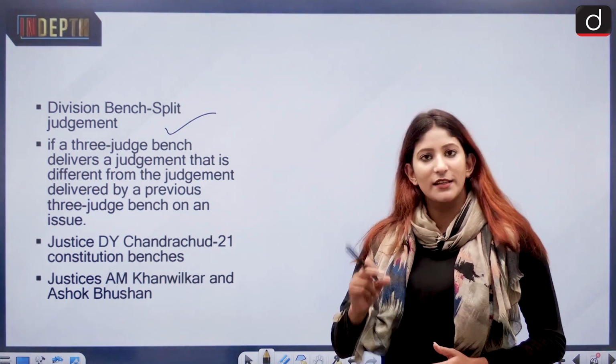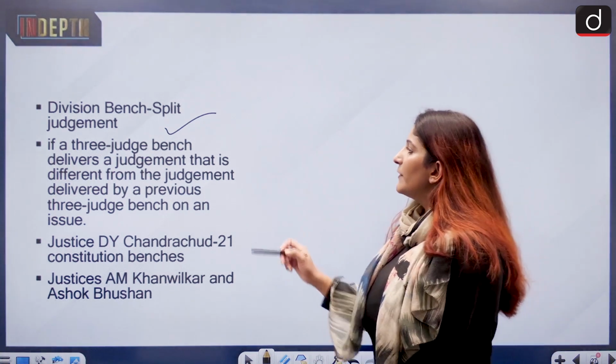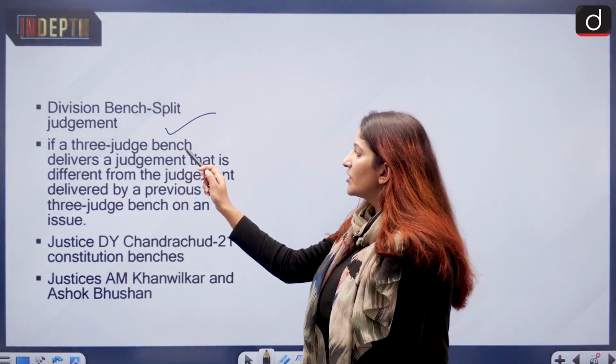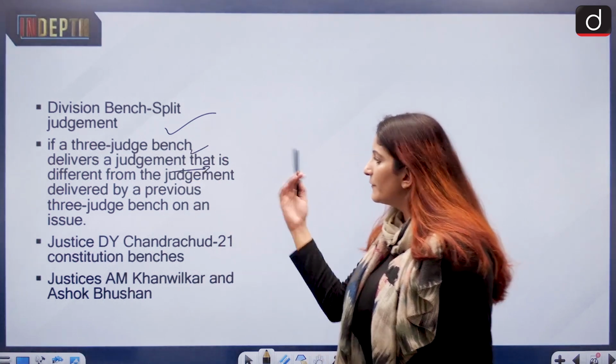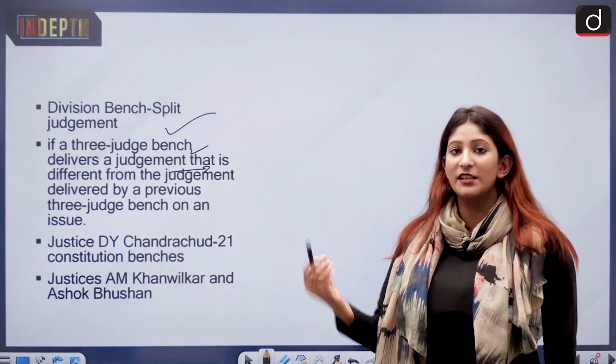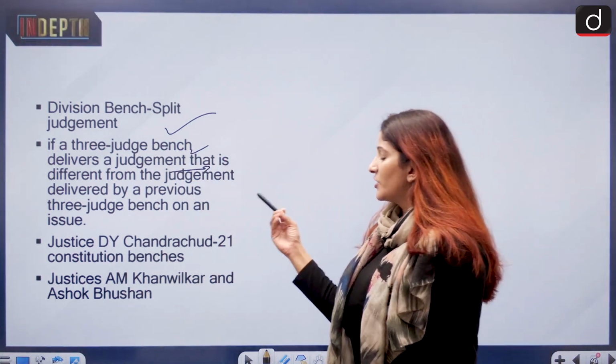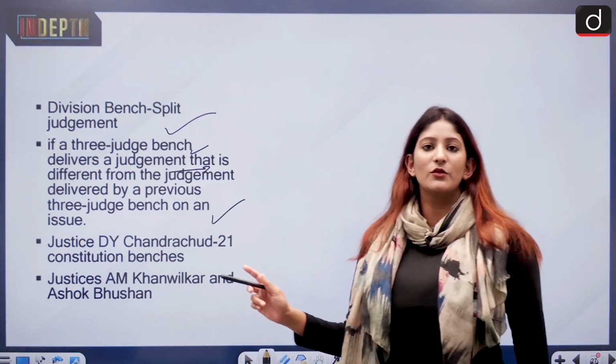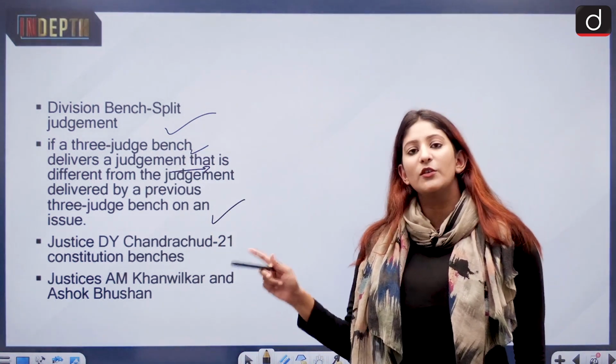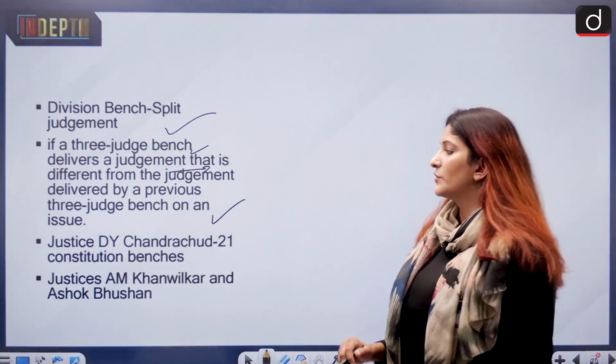And when they do so, it is known as a split judgment. If a 3-judge bench delivers a judgment that is different from the judgment delivered by a previous 3-judge bench on the same issue, then also we could get a constitution bench.